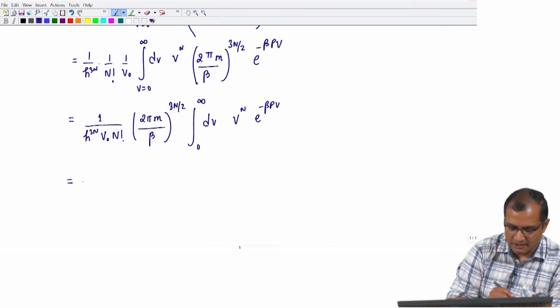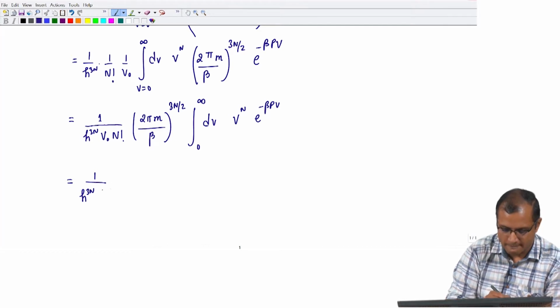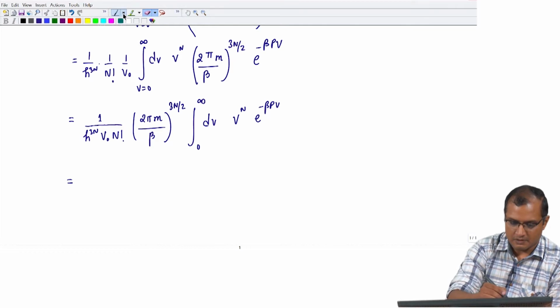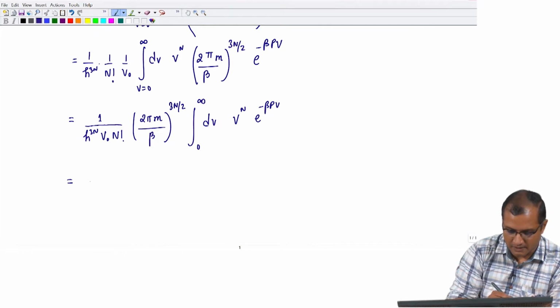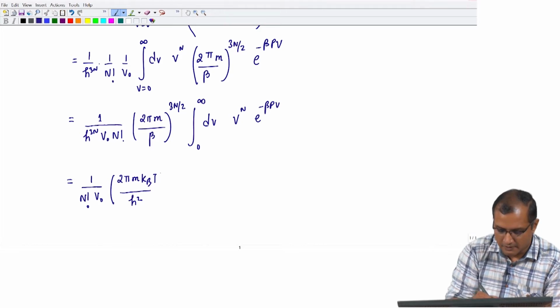So, the prefactor here can now be written as 1 upon h to the power 3n. I am going to take h inside the parenthesis. So, I am going to write it as 1 upon n factorial into V 0, into 2 pi m kB T upon h square to the power 3n by 2.